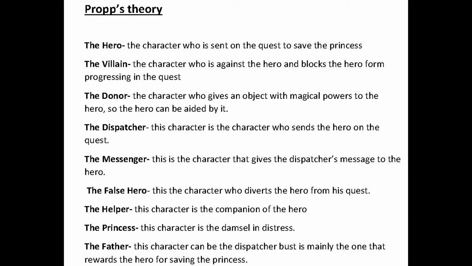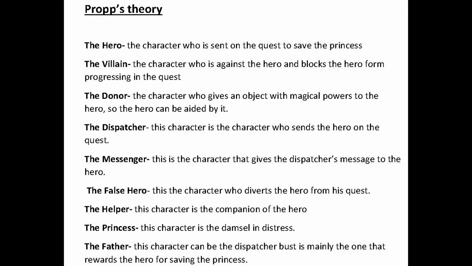if you've seen The Woman in Black, it will be the boss in the lawyer's firm.